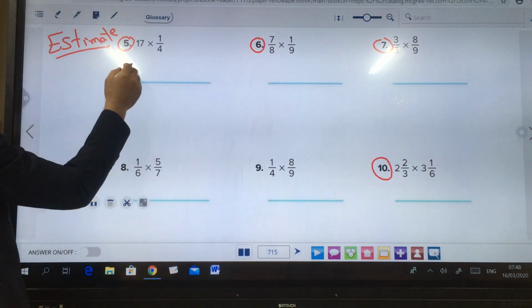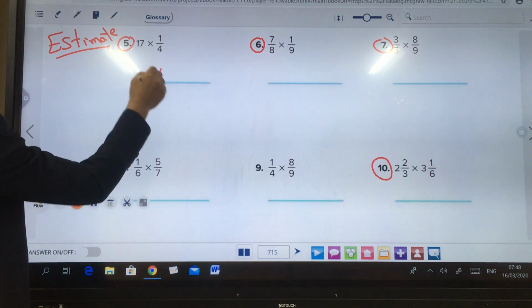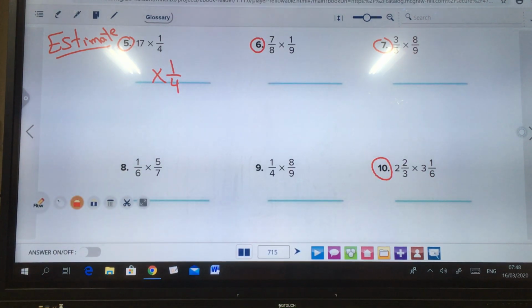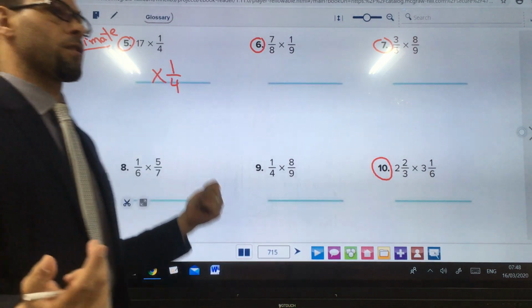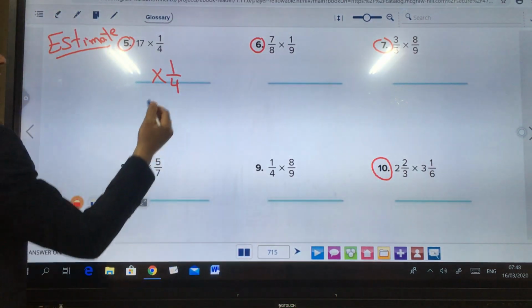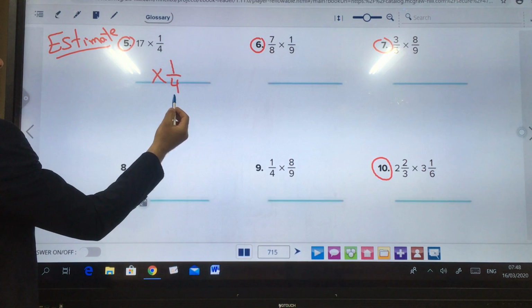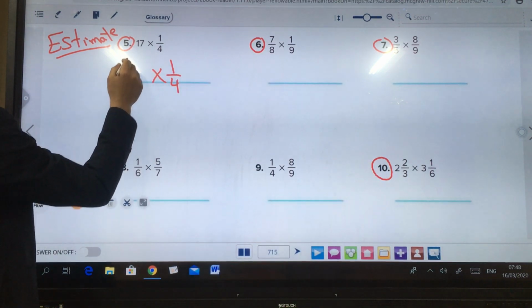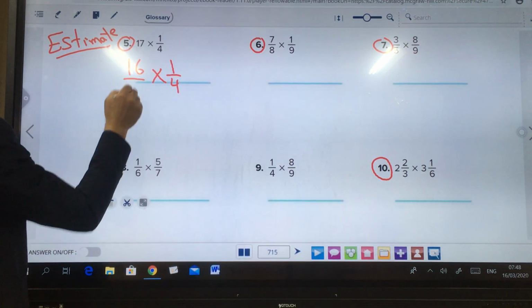Okay, 17 will be what? We have to change it to another number closer to 17 and divisible by the denominator. The denominator here is 4. Which number is closer to 17 and divisible by 4? Yes, Sultan? Very good, it will be 16. And 16 over what?